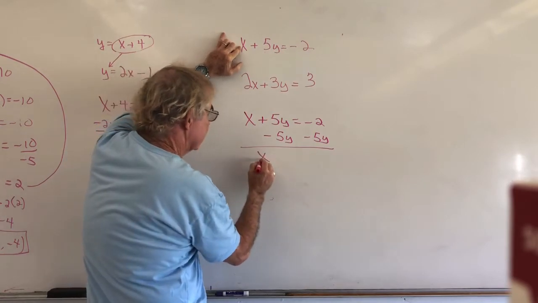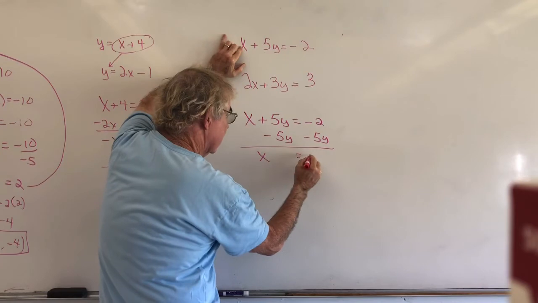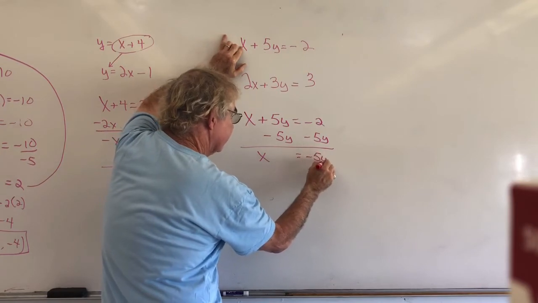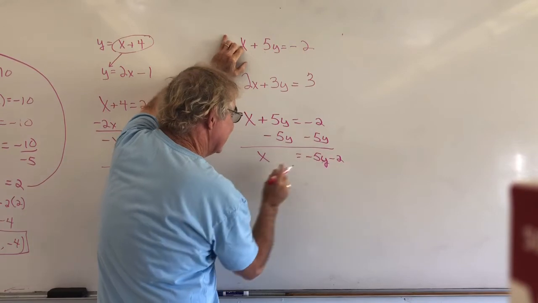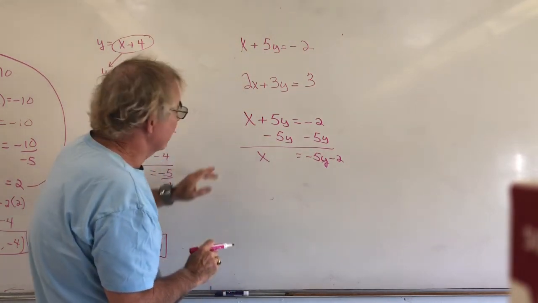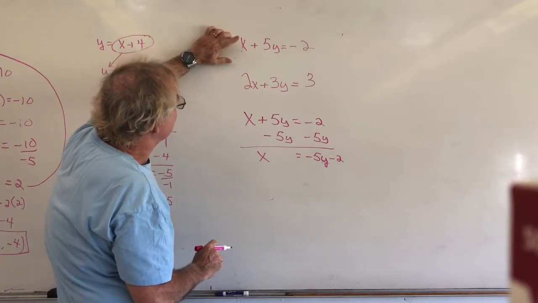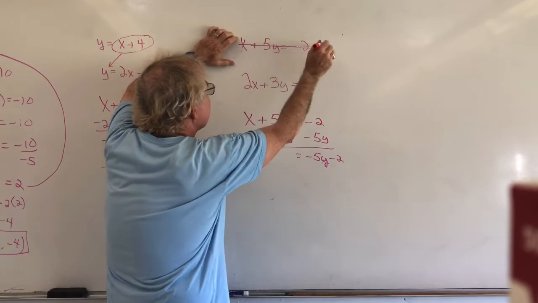And you get x is equal to, write it the way you choose, I'm just going to write the negative 5y first, minus 2. So that's x. Now, this was the one you solved, so forget it.